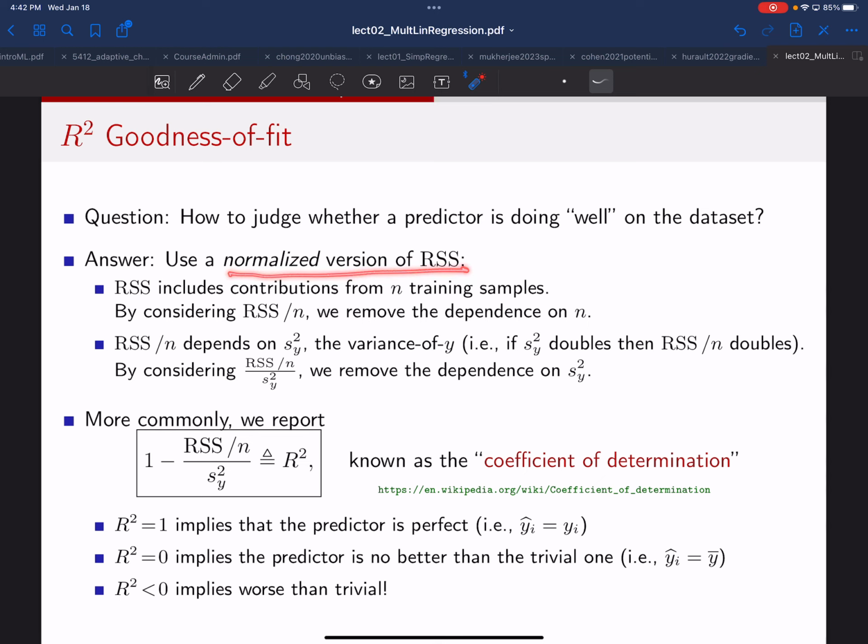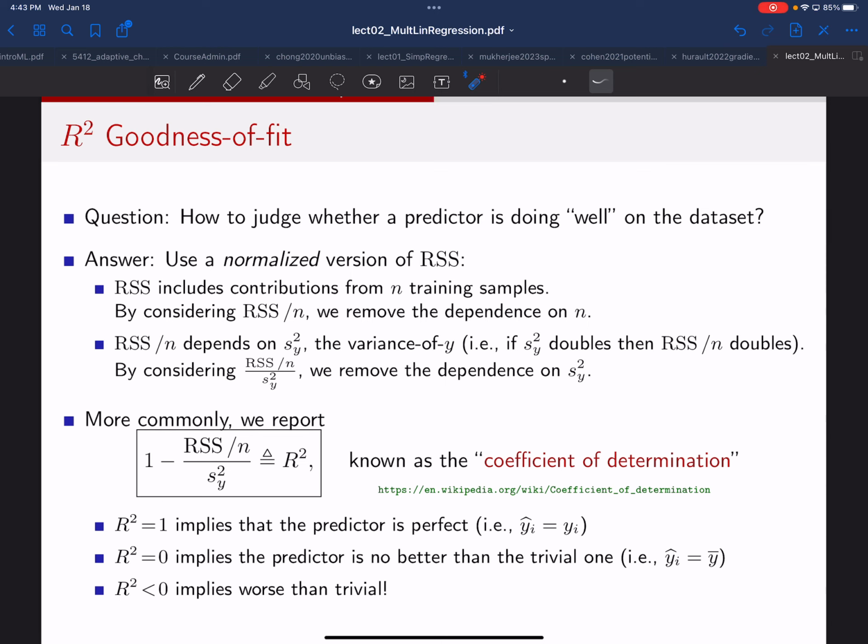One thing is that it grows as you have more training samples, so you want to normalize by the number of training samples to take out that variability. Second, it grows with the variance of the targets, so you also would like to divide that out. What you get as a remainder is something much more interpretable. Most commonly, you look at 1 minus that normalized RSS, which is called R squared.